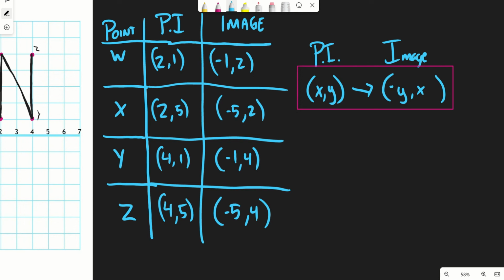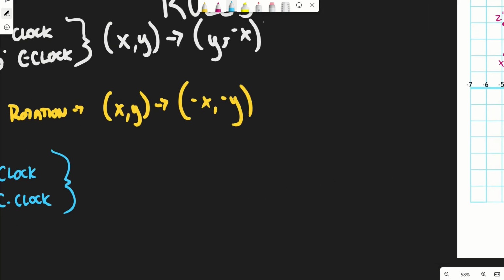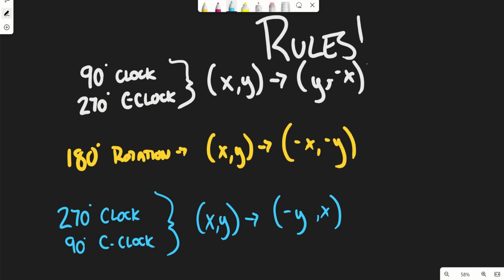So our rule is now xy becomes negative y, x. So these are the three rules that we have for rotating any and all turns. 360 is going to stay exactly the same, so we don't even need a rule for that. It just stays the same. But for all the rest, this is how you go from your original point and rotate.